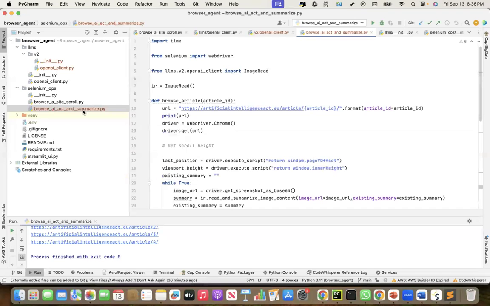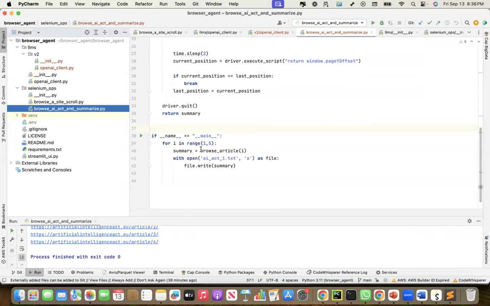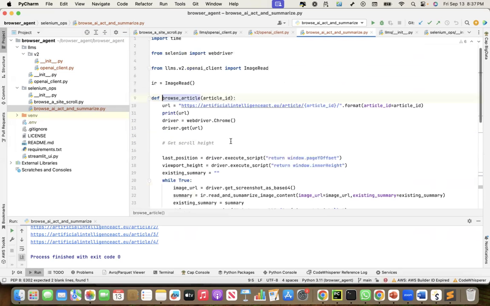So this is for the first four articles. For articles 1, 2, 3, 4, I call the browse article function where I pass the articles one by one.